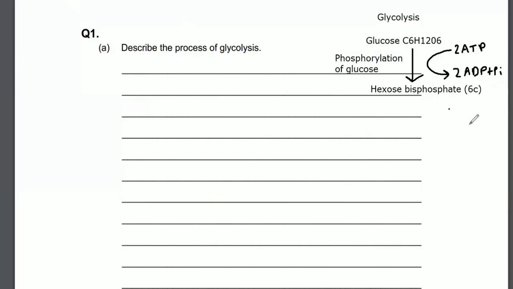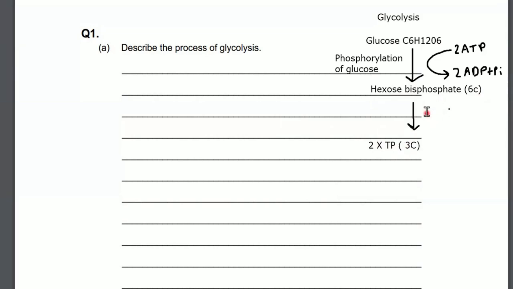Let's look at the next stage of glycolysis. So in the next stage of glycolysis, this hexose bisphosphate is pretty unstable and so breaks down to form two triose phosphate molecules, each one with 3 carbons. So there's still a total of 6 carbon atoms knocking around here, and that's important.